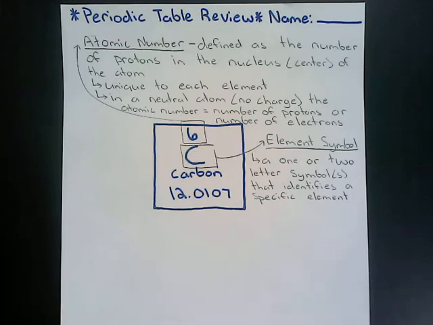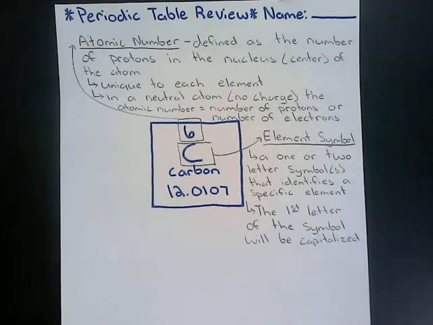Something to keep in mind, the first letter of an element symbol is always going to be capitalized. If there is a second letter in the element symbol, it will be lowercase.